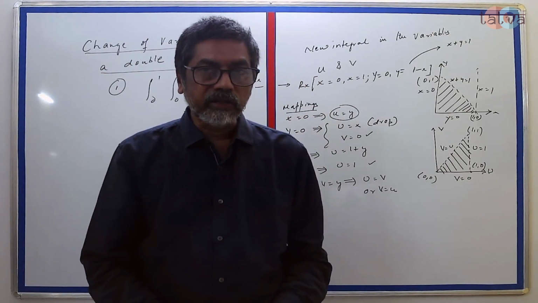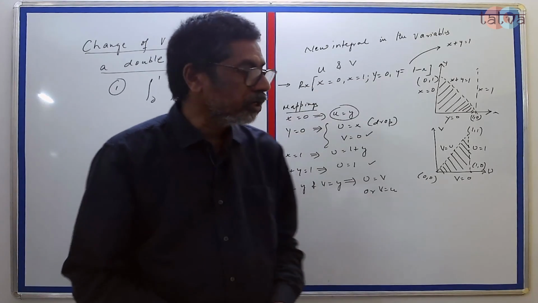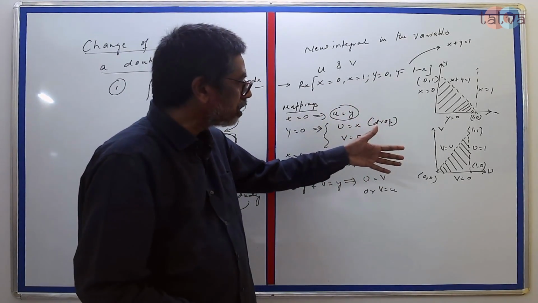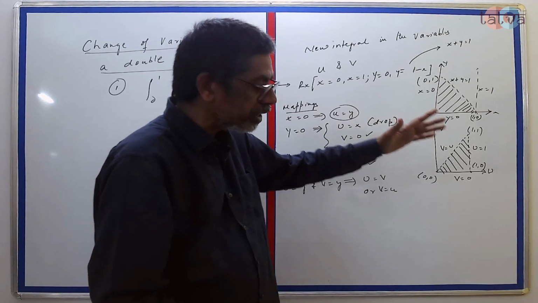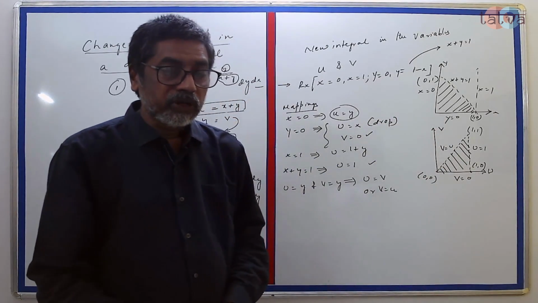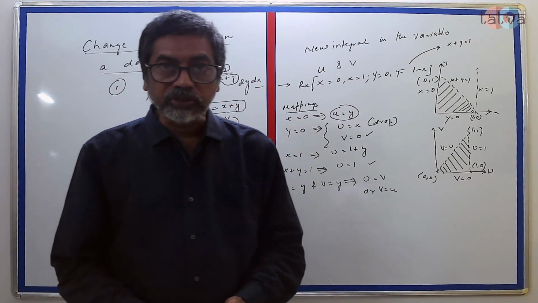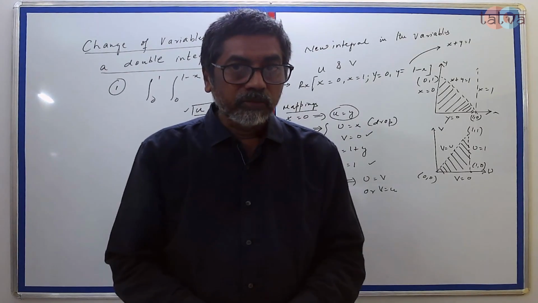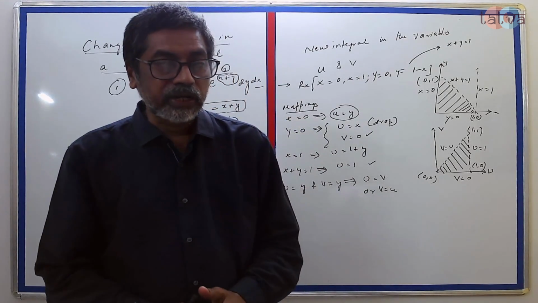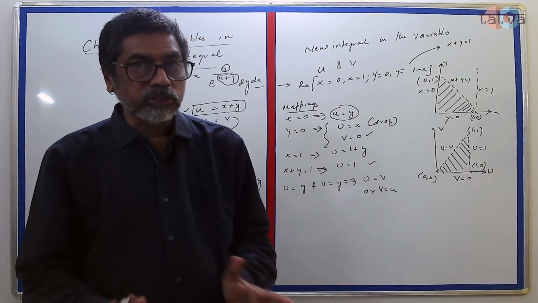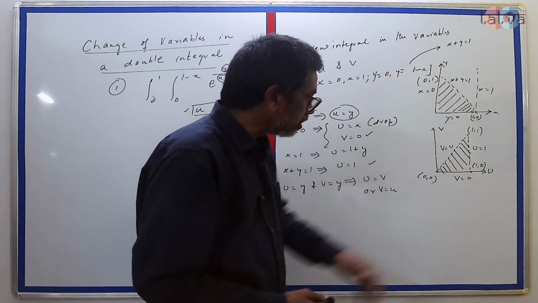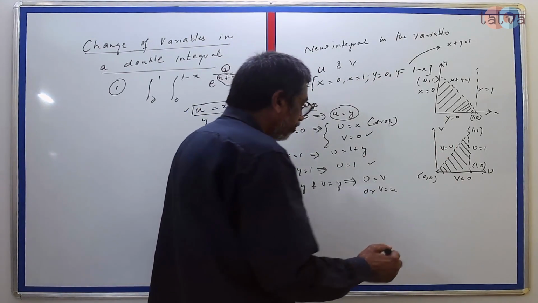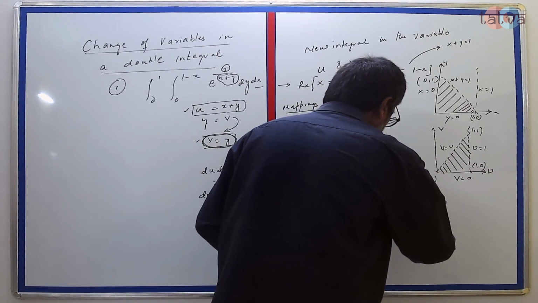Now what do you find? Where is the original situation and where is this? So you can see that a right triangle there has been transformed to another right triangle here. But does it have an impact on the solution? The answer is yes. Because the original one definitely was an untouchable problem. So it's going to change now. So we will have to write this region just the way we used to write Rx, Ry.